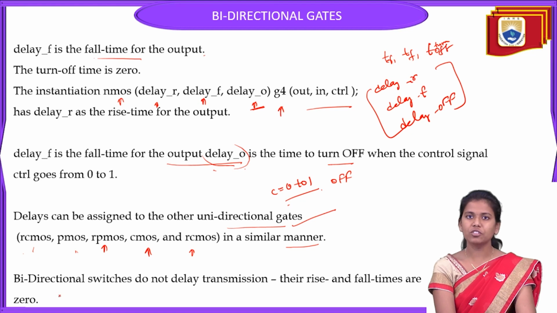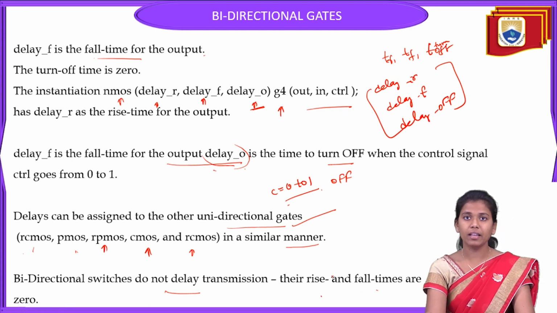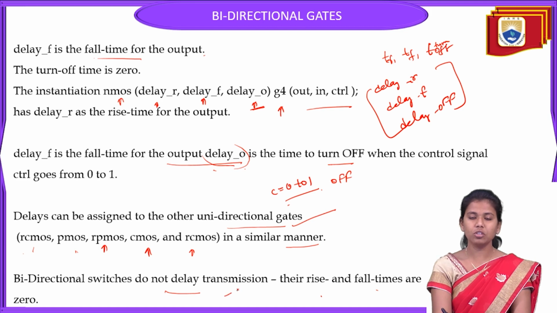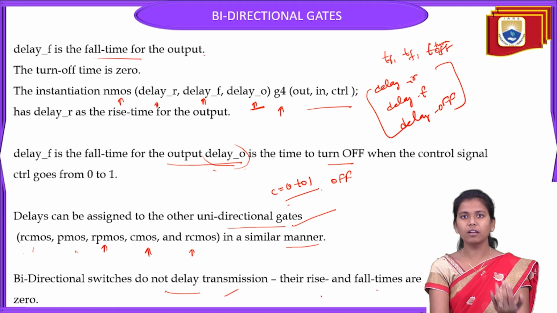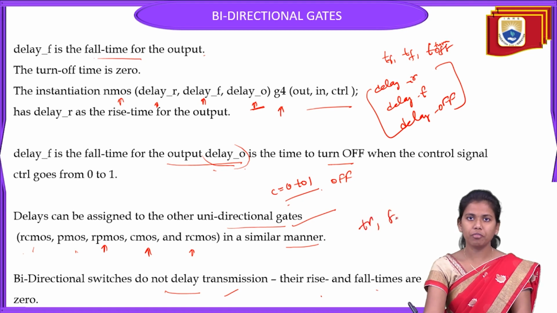So, the bidirectional gates do not delay transmission. Their rise and fall times are 0. These switches do not delay the transmission, either when they rise, when they fall, or at turn off.